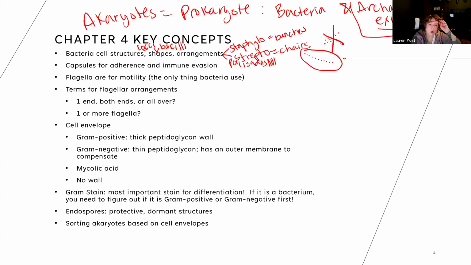If you are motile and you're able to move around on your media or in your media, then we call that motility. Bacteria only move by flagella. It's the only thing bacteria use for motility. There are 4 types of flagellar arrangements.